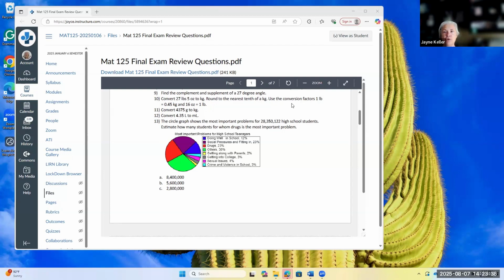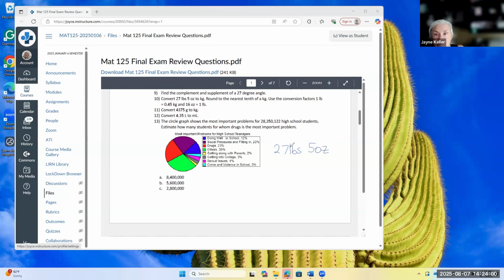right? Because if you look at my conversion factors, I have the conversion factor, which tells me how to convert pounds to kilograms. And then I have the conversion factor for ounces to pounds, but I'm given 27 pounds, 5 ounces. Okay.